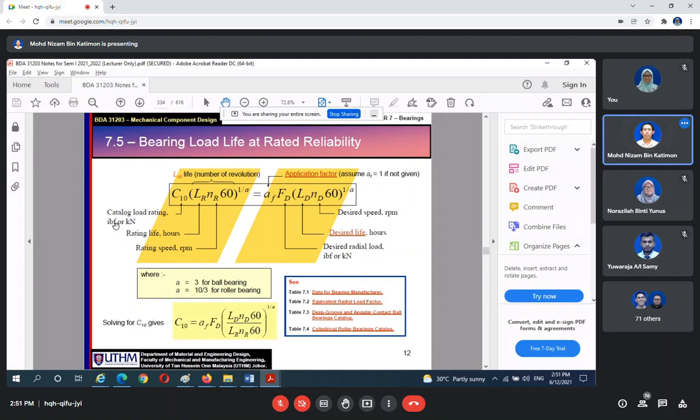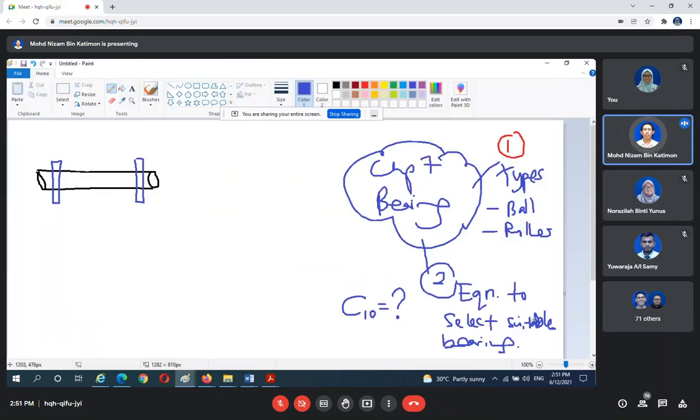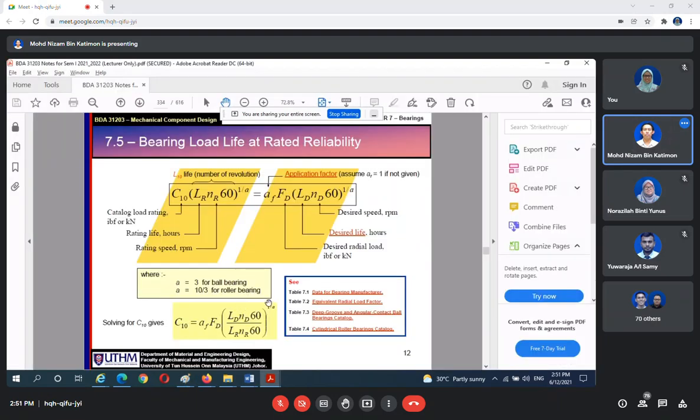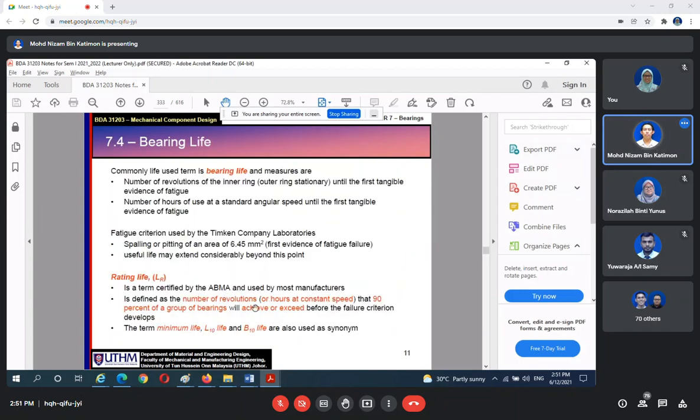So to find the suitable bearing in your project, we have to know the value of C10 in our calculation. If you turn back to the previous page, it mentions bearing life.